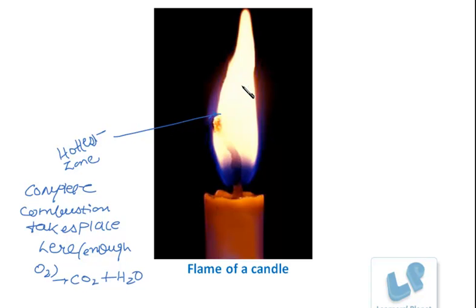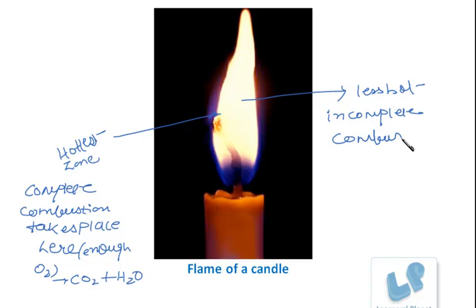The central zone is the yellow zone. Here what is happening? It is less hot. And here incomplete combustion takes place. Right? And in this zone, there is incomplete combustion.